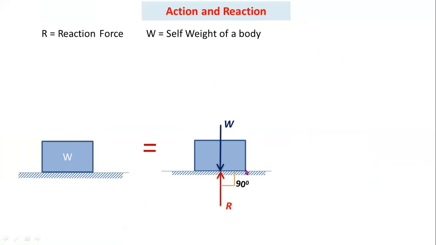This horizontal plane is a support, so you have to draw a 90 degrees normal reaction line with respect to the support. Now for solving problems, you have to convert this diagram into a forces diagram like this. This is the free body diagram. For any type of body on horizontal supports, you have to consider it like this.